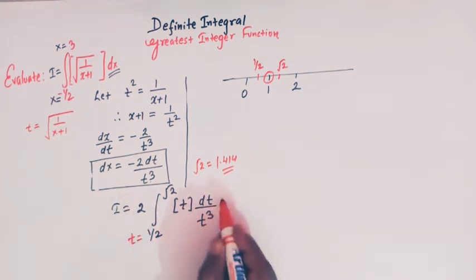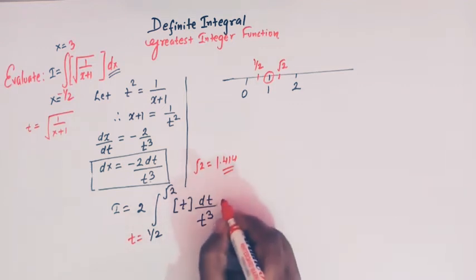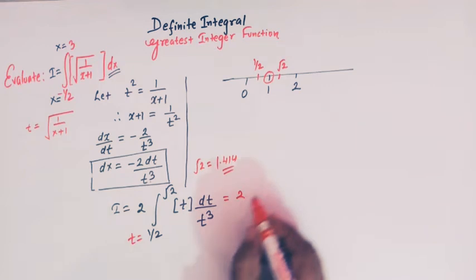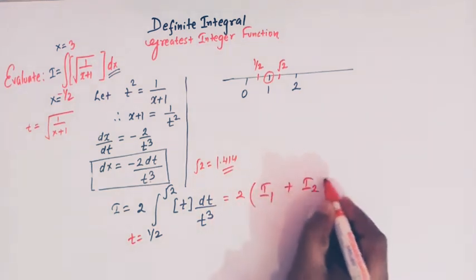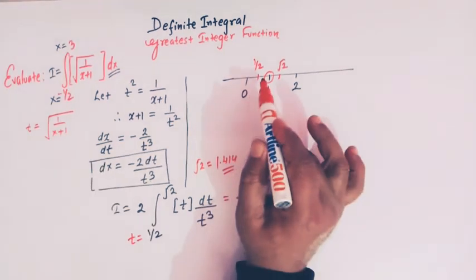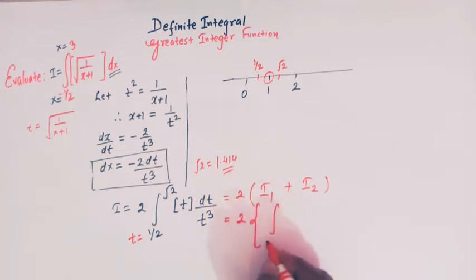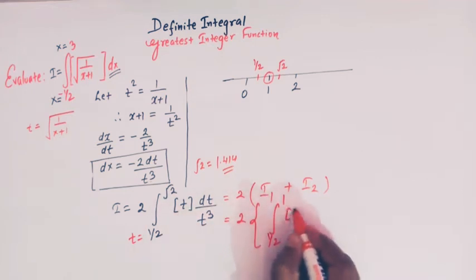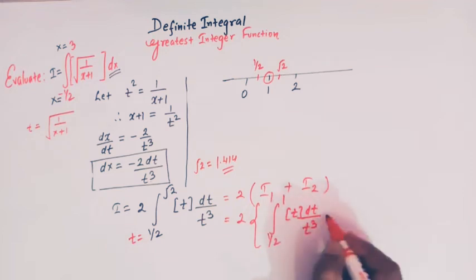So what we will do, we'll break this integral as a sum of two integrals, right? So now we'll write it as 2 times of I1 plus I2, and I1 is from half to 1, that is we can write 2, and here we can write half to 1 and greatest integer t dt over t cube, right?